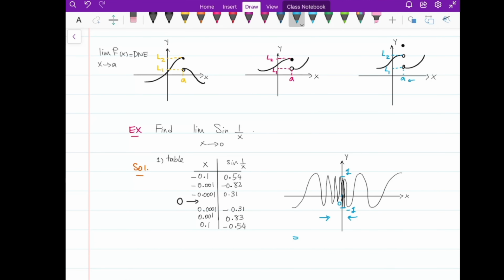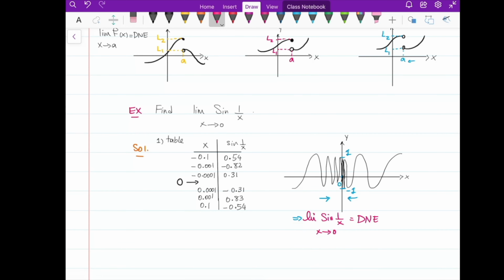So as a result, the limit of sine of 1 over x as x approaches 0 does not exist, because it's oscillating faster and faster near 0.